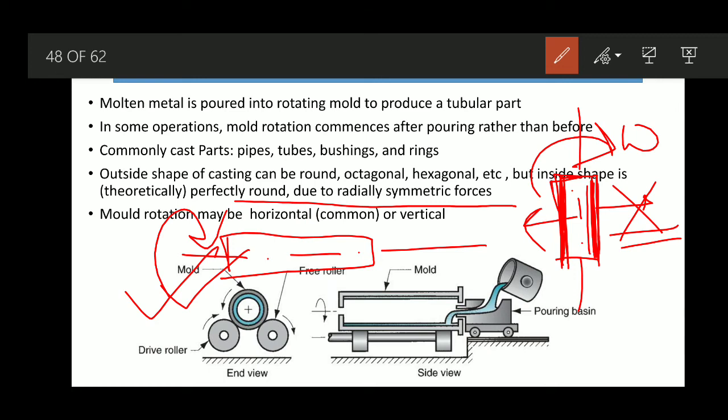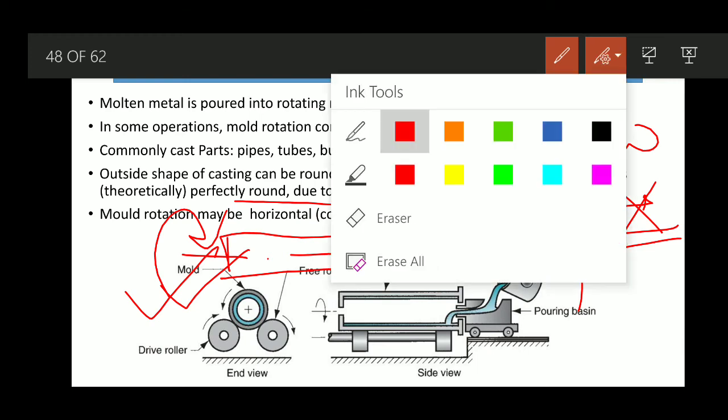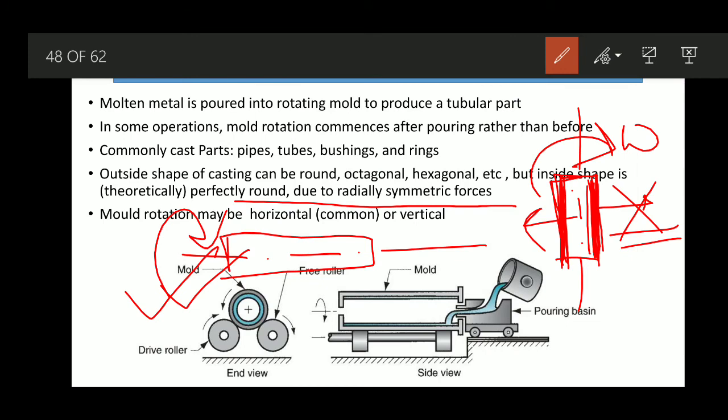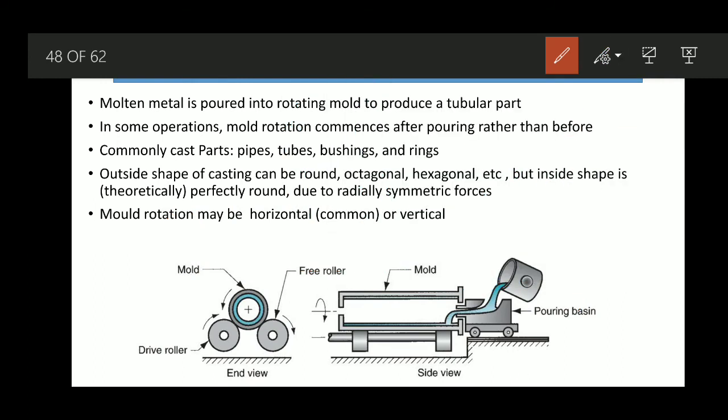So even though theoretically it should solidify like this, what will happen is, due to the gravitational force, this lower side will be bulkier and here it will be leaner. Suppose we want it this way, but what will happen is the lower side will be somewhat distorted, and here deposition of material will be more. I hope you have understood.